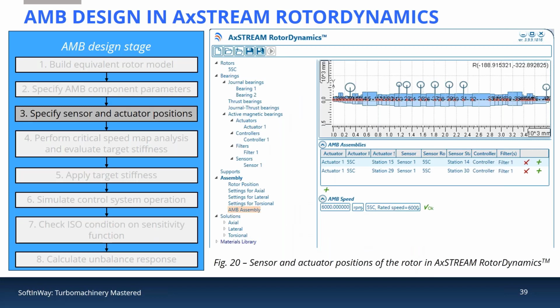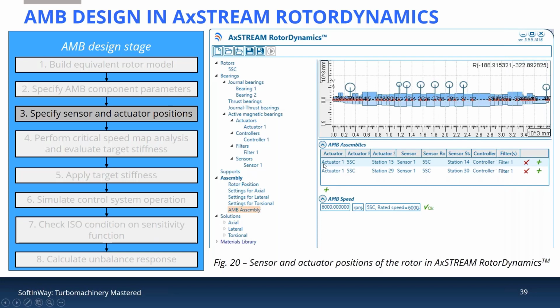Then we build the assemblies of active magnetic bearings. For the considered case, we have the rotor installed in 2 radial active magnetic bearings. We specify the 2 assemblies with actuators and sensors related to the corresponding rotor section. We also specify which models of actuators and sensors should be used for each assembly.